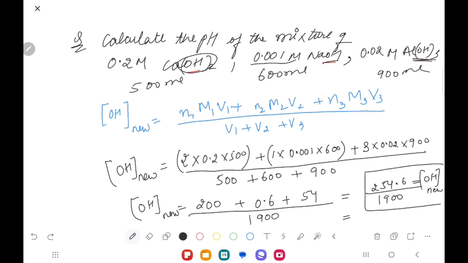Are you understanding my point? Just calculate that for me. How much would that be? Okay. So that is going to be 0.134 moles per liter. That is my new OH ion concentration.